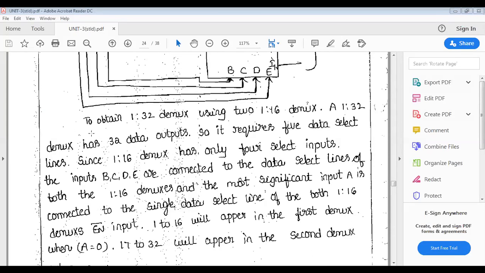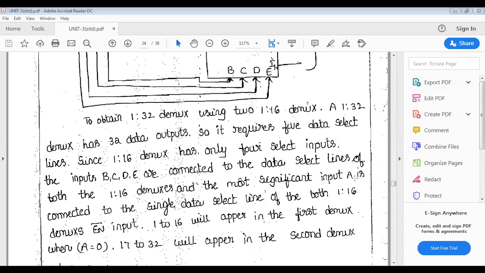See, to obtain the 1x32 demultiplexer using 2 1x16 demultiplexers, with 32 outputs, it requires 5 data selector lines. Since a 1x16 demultiplexer has only 4 select inputs, B, C, D are connected to the data select lines of both 1x16 demultiplexers.